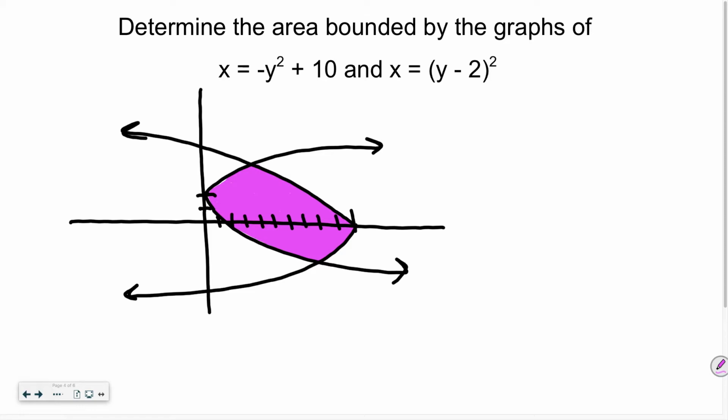Top function changes here, bottom function changes here, so we'd have 3 different intervals. Okay, not pretty. But if we use horizontal rectangles with thickness dy, then all we have to worry about is right function minus left function.